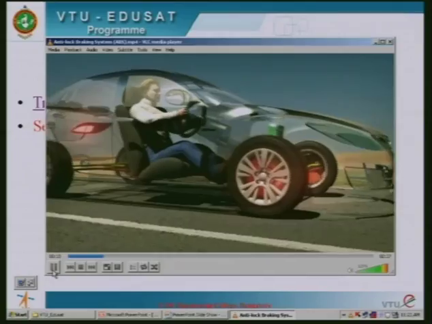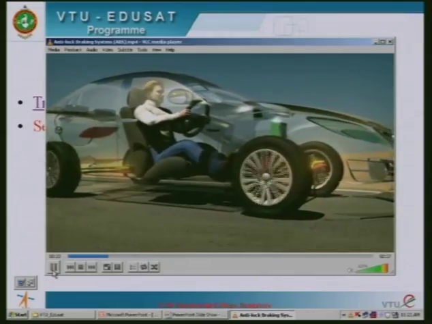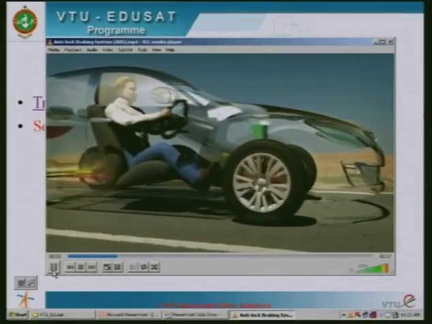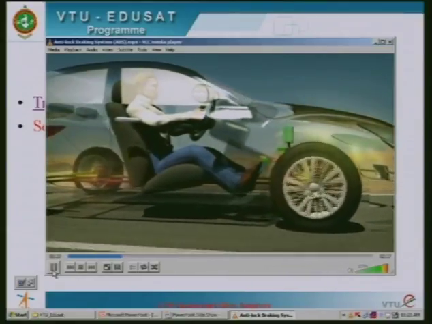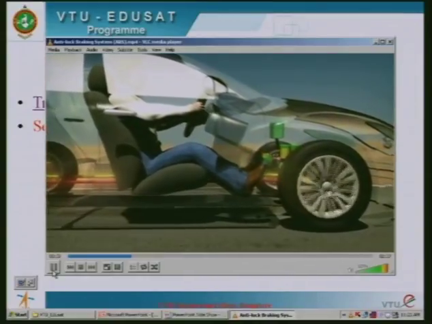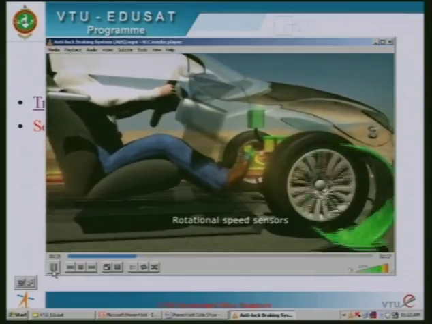The driver is driving the car on a road and is able to turn the steering, apply brakes, apply the accelerator, move on a straight road, and take the vehicle at a constant speed. Let us see what the challenges are. Control. By preventing this lockup, the vehicle stops sooner and remains under the driver's control. The anti-lock braking system, or ABS, provides this assistance. So how does it work?